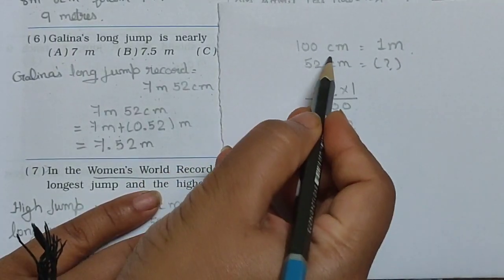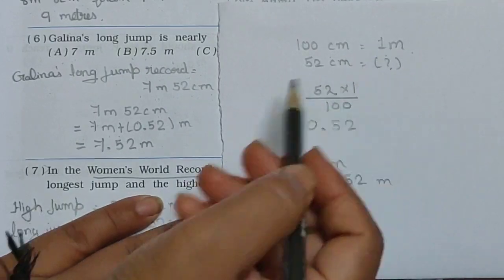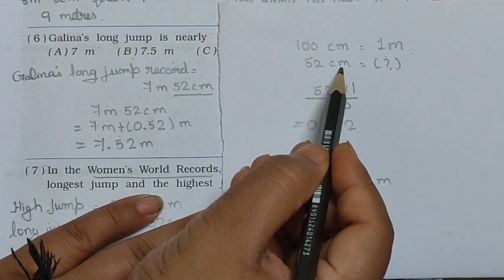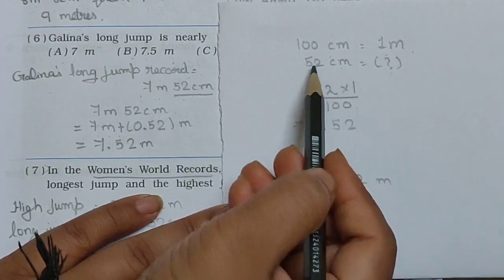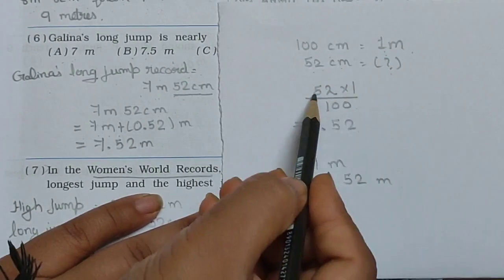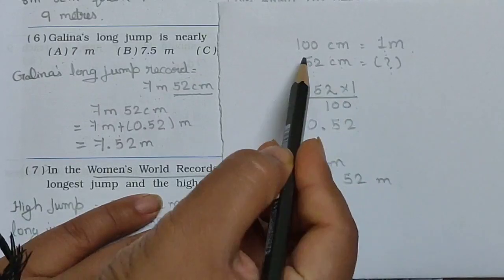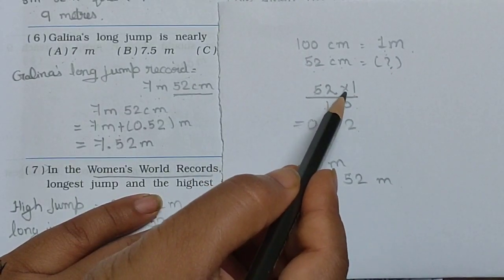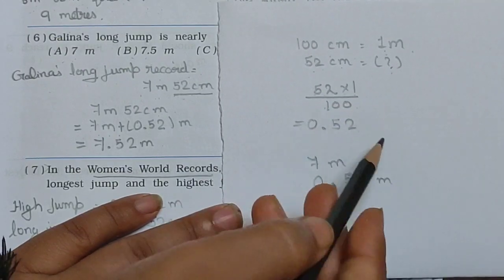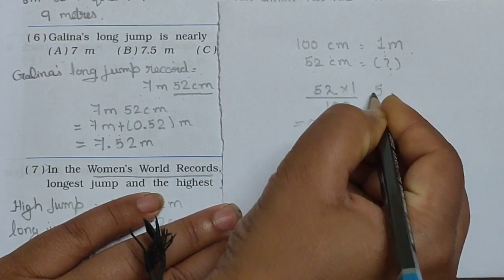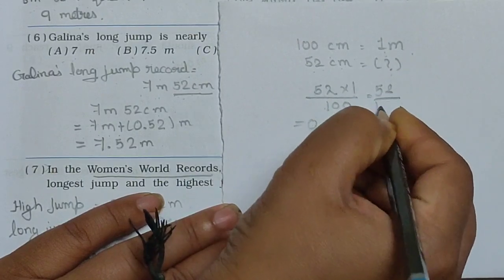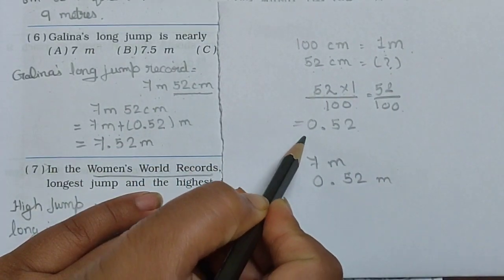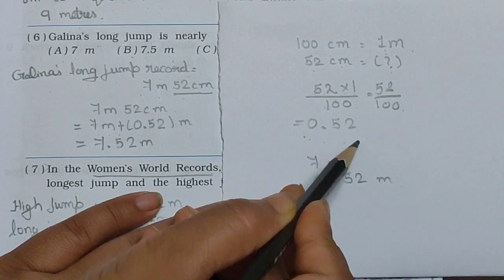So 100 centimeter is equal to 1 meter. Here 52 centimeter is given. So 52 centimeter is equal to how much? So 52 multiplied by 1 upon 100. 52 multiplied by 1, so 52. So 52 is equal to 52 upon 100. So we have to put the decimal here. So our answer is 0.52.